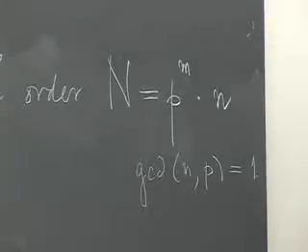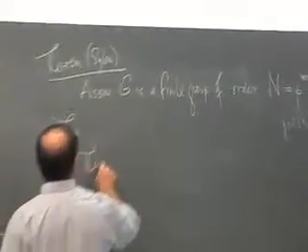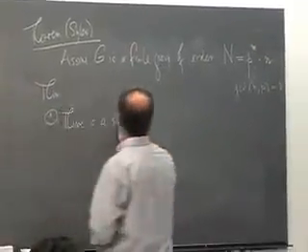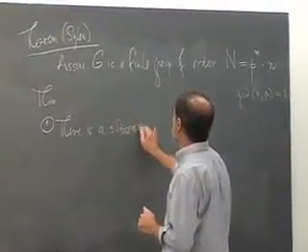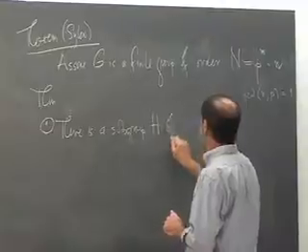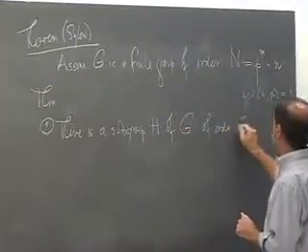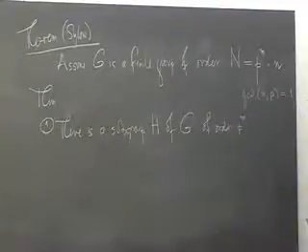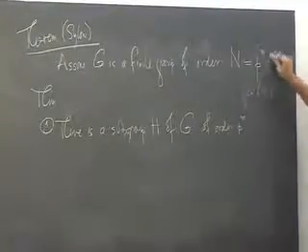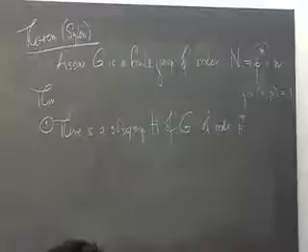Okay. Then, 1. There is a subgroup H of G of order p to the m. Namely, we have a possible order for a subgroup because this divides the order of the group.